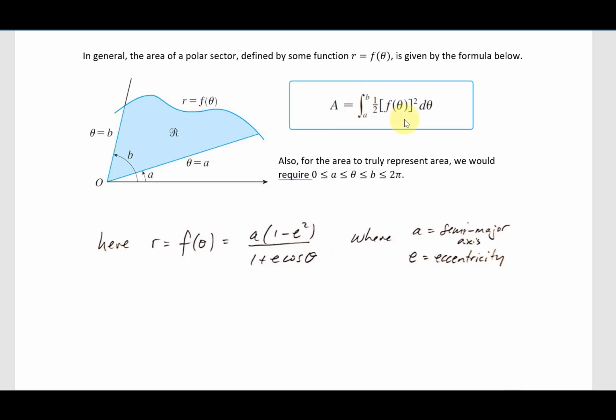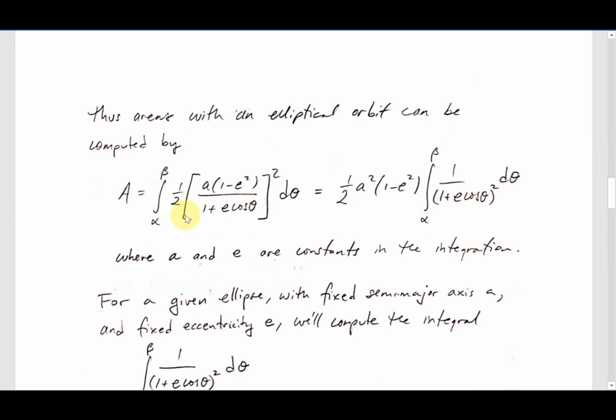Now remember, of course, this is the basic formula for finding areas of polar sectors, and the actual curve that we're using is an elliptical curve in polar form, which is this function. And so we're doing this integration, 1/2 times the r value, but because a and e are not changing as we integrate from one point on that interval to another, I'm going to factor out the a squared and the 1 minus e squared.